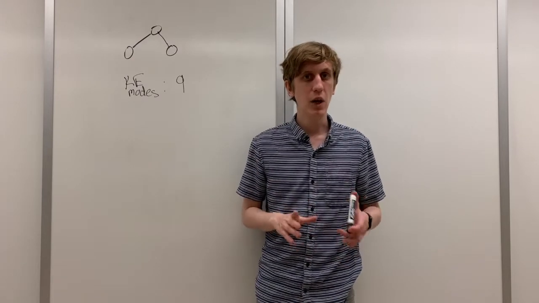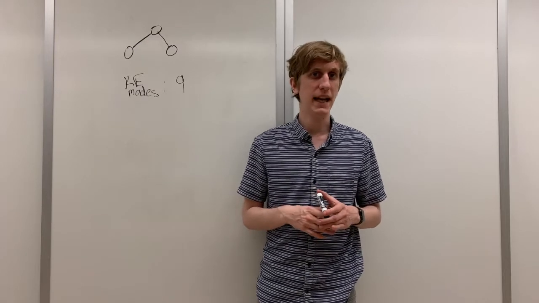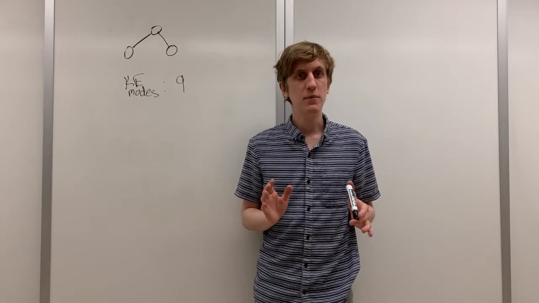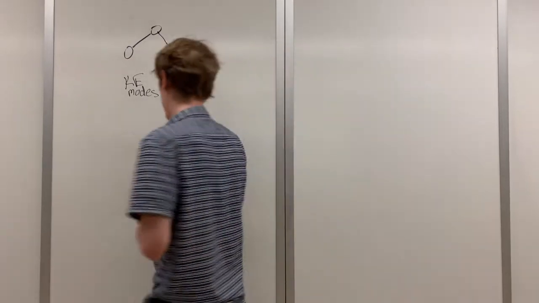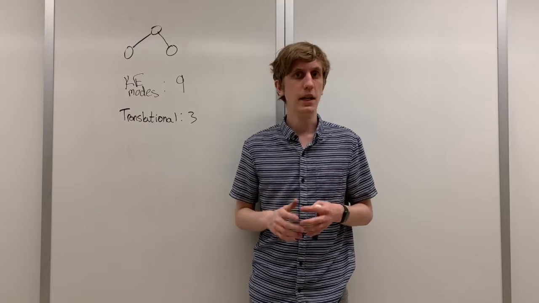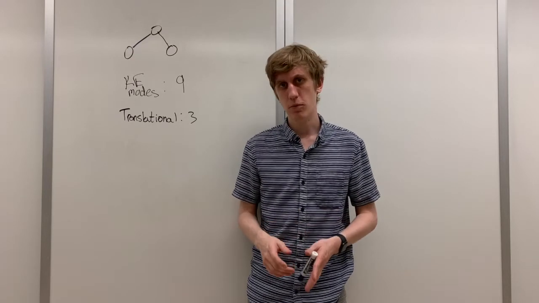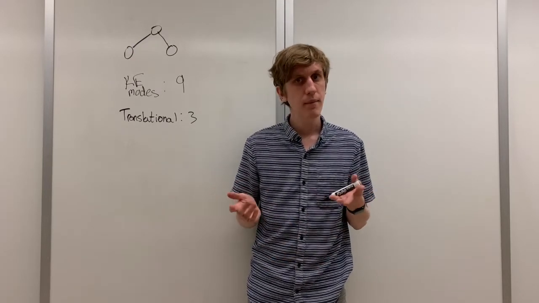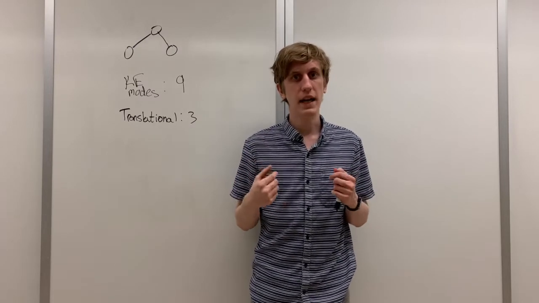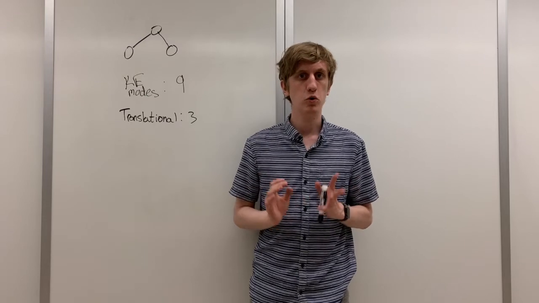The first category is always translational kinetic energy modes. There's always 3 of them, no matter how many atoms you have in your molecule. What about rotational modes? For any nonlinear molecule, the number of rotational modes will always be 3. The molecule will look different no matter which way you rotate it, so the rotational modes will all be active.